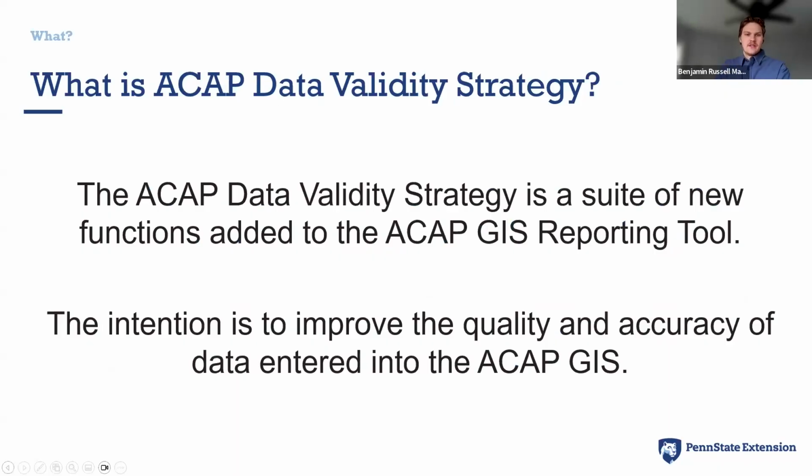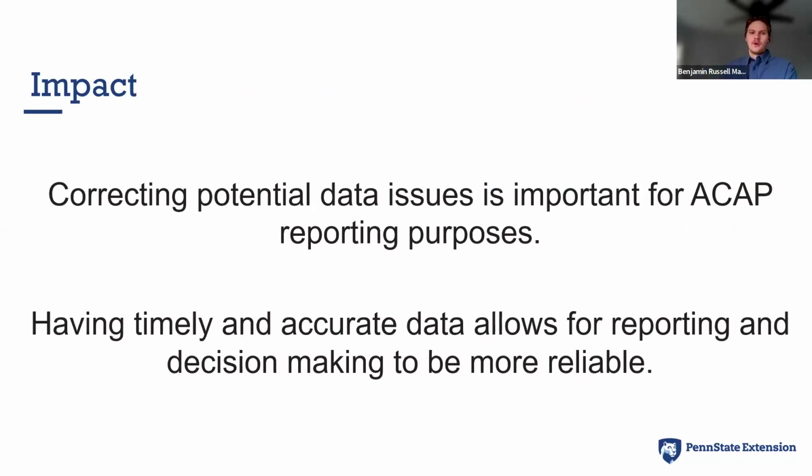So like I said, the ACAP data validity strategy, we have a suite of new functions in the reporting tool with the intention of improving the quality and accuracy of the data entered into the GIS. And this is really important for correcting these potential data issues for reporting purposes.